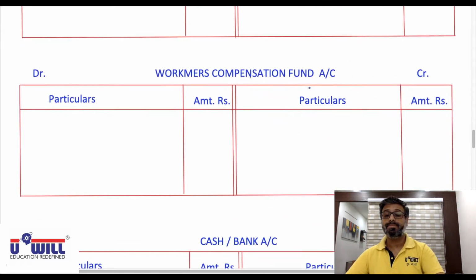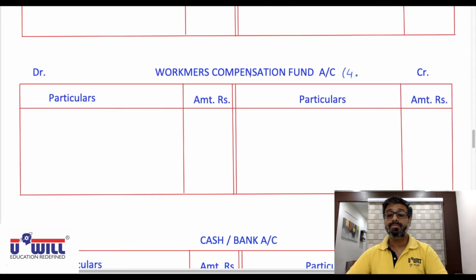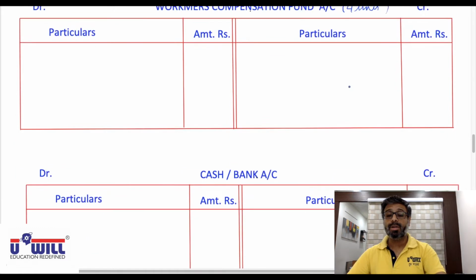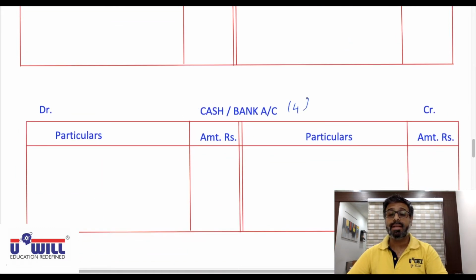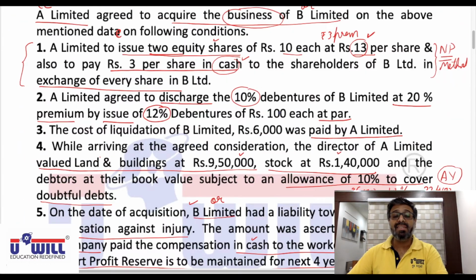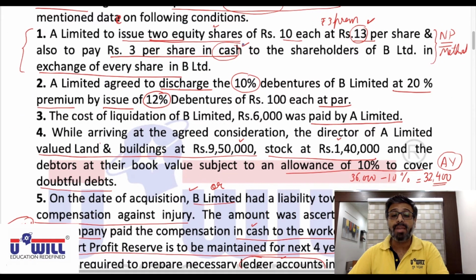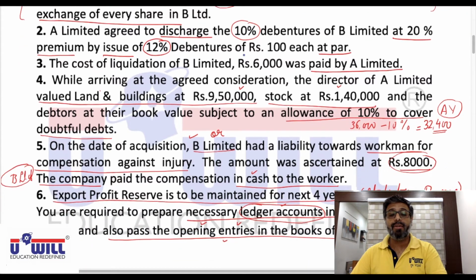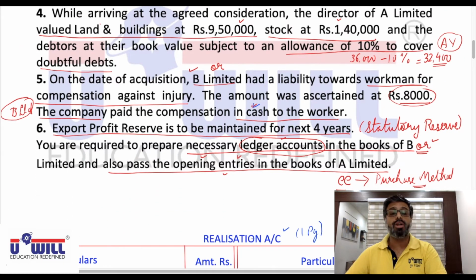Then which other account? Cash and bank account, 4 lines. A question will arise, sir, we did not make cash or bank account in previous questions. Why now? Because we are receiving cash from transferee company also. We have to pay cash to the workers also. So whatever cash is finally left out after everything would be given to equity shareholders.